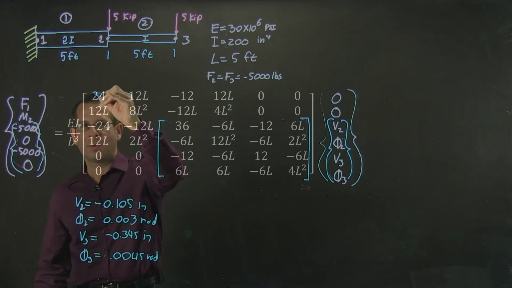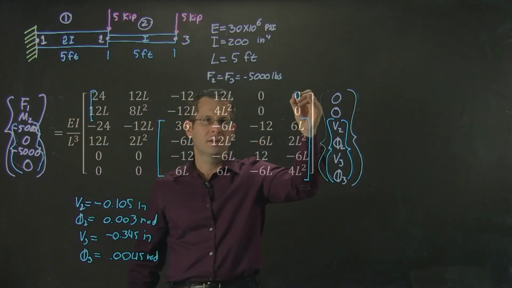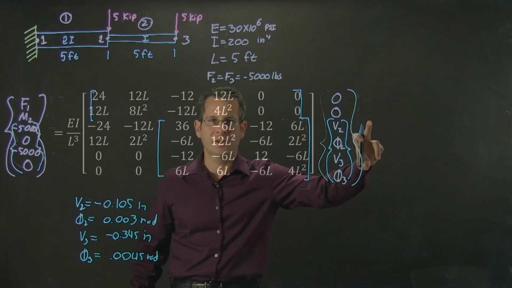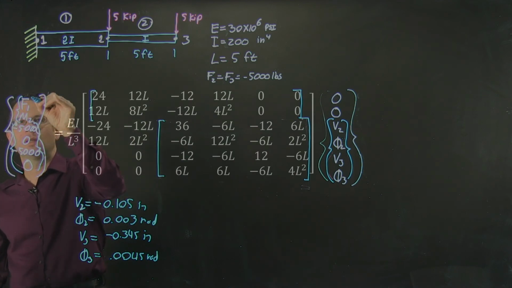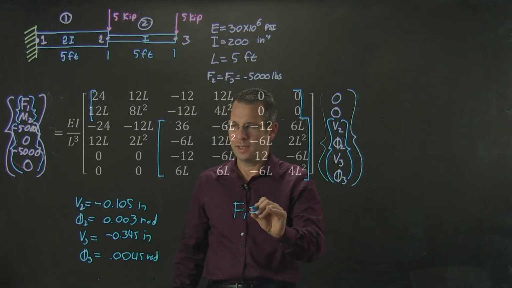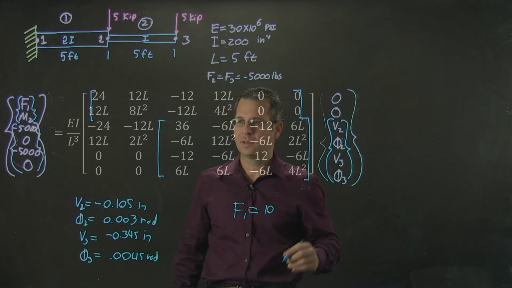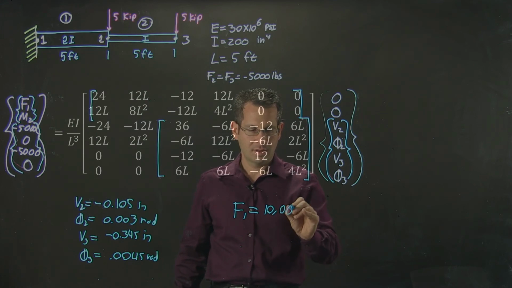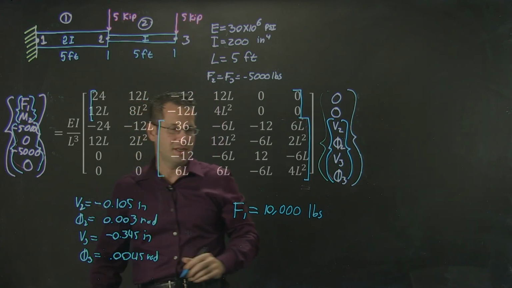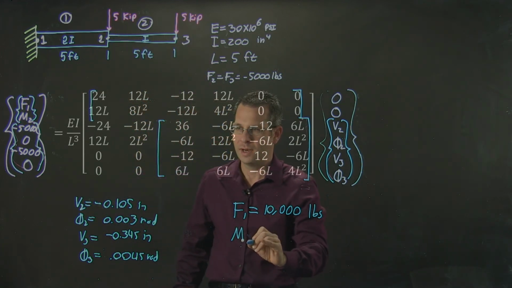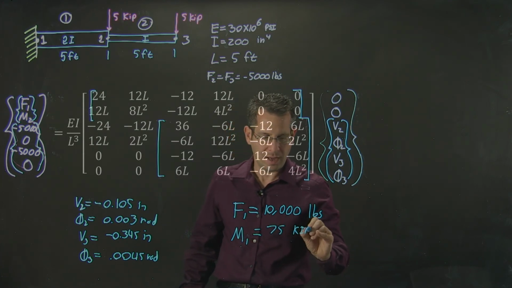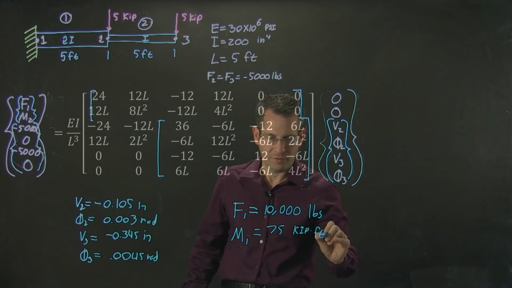So now I'm looking at this matrix times this entire vector is equal to this vector, and solving for that, I can find that F1 is equal to 10,000 pounds, as you would expect it to be, because it has to be equal and opposite of these forces, and our moment at node 1 ends up being 75 kip-feet. Okay?